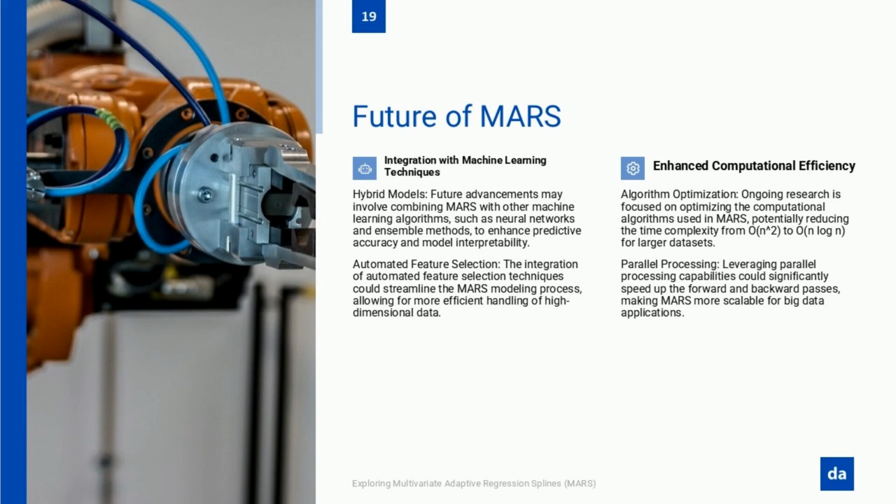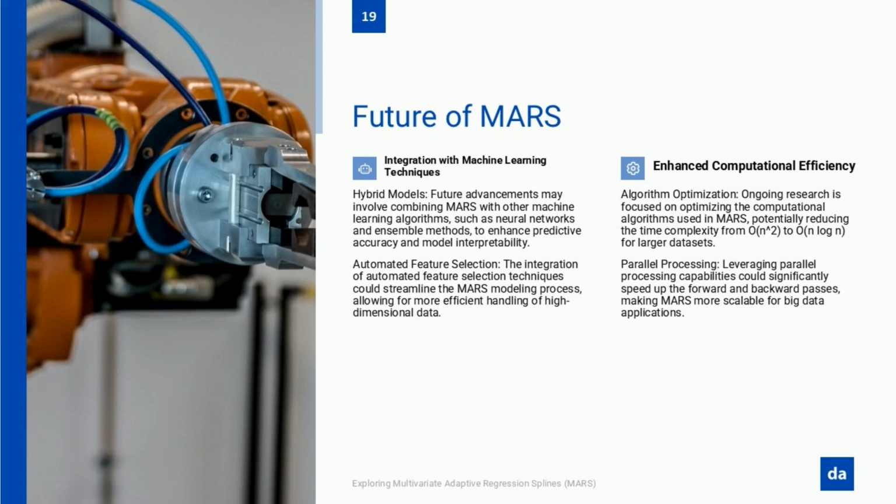As we push forward into an era of ever-growing data complexity, MARS is poised to remain a key player in predictive modeling. Whether it's through faster computation, hybrid modeling, or automated optimization, the future of MARS is all about making it smarter, more efficient, and more powerful than ever before.